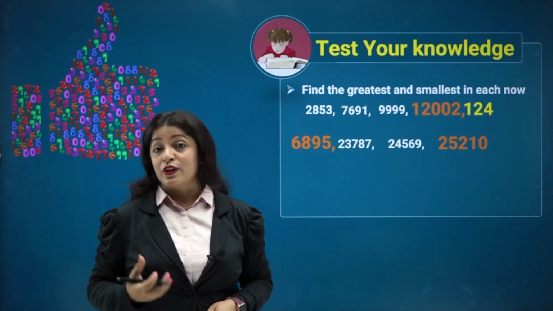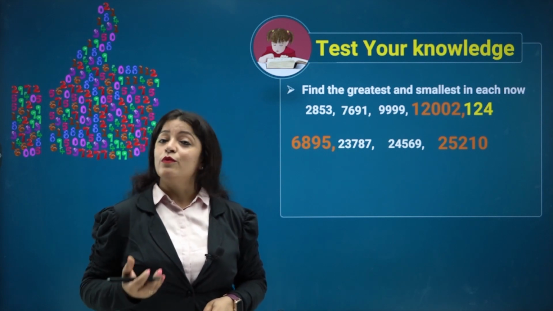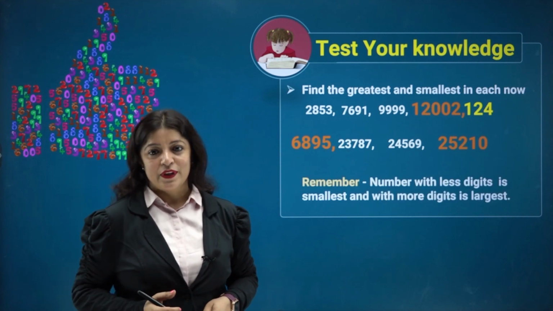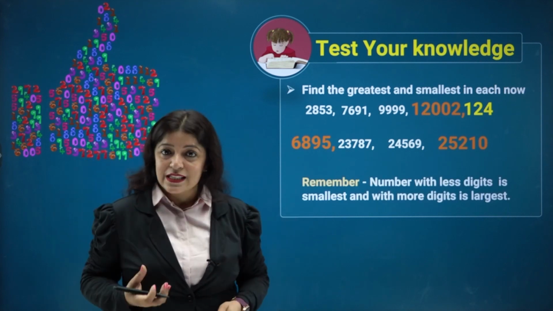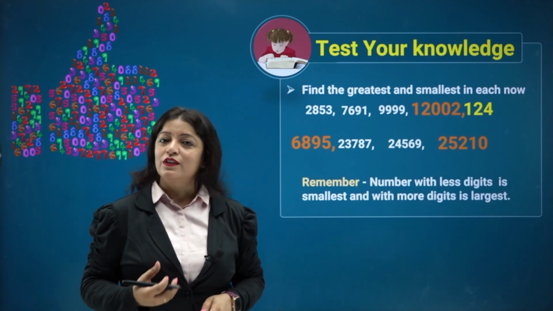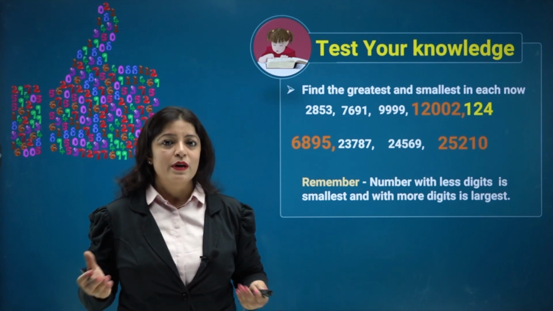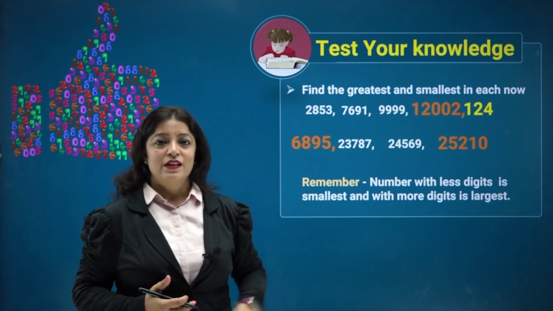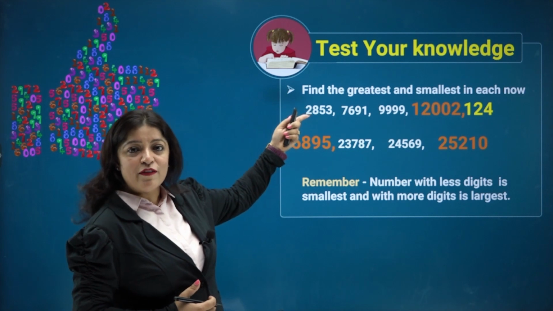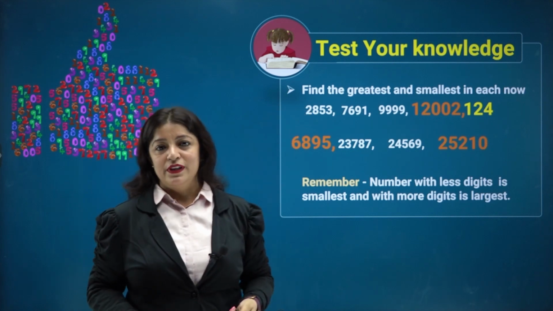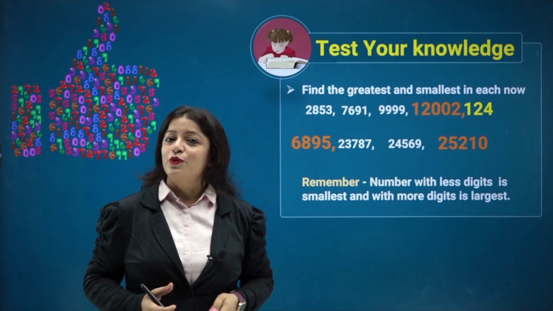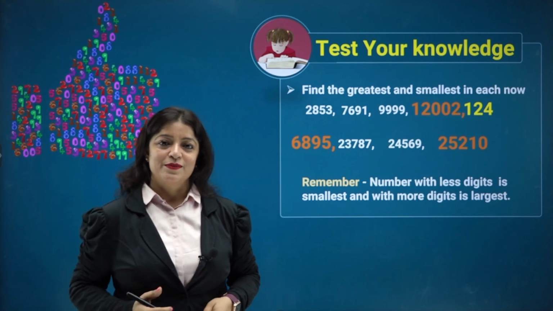So this way also you can find out which is the greater and which is the smaller number. The number with fewer digits is smaller and the number with more digits will be greater. This rule we have applied to the first example here, right? So in this way also you can do comparison of numbers.